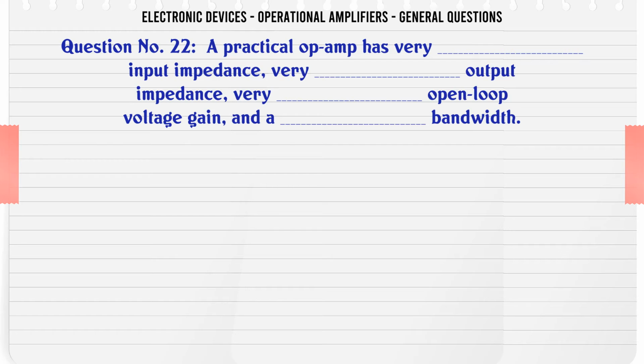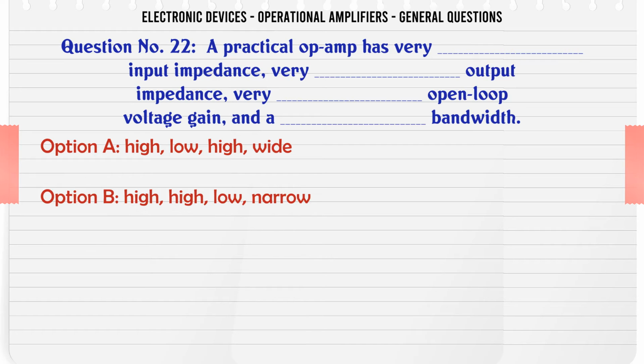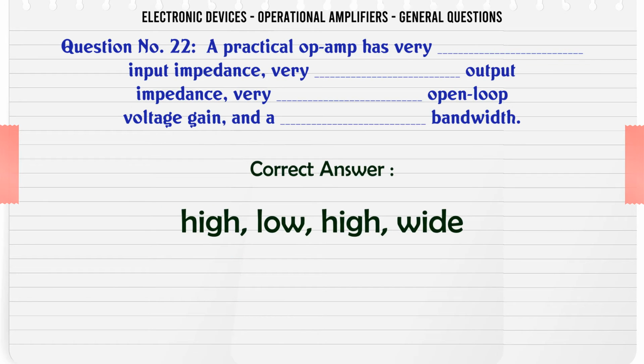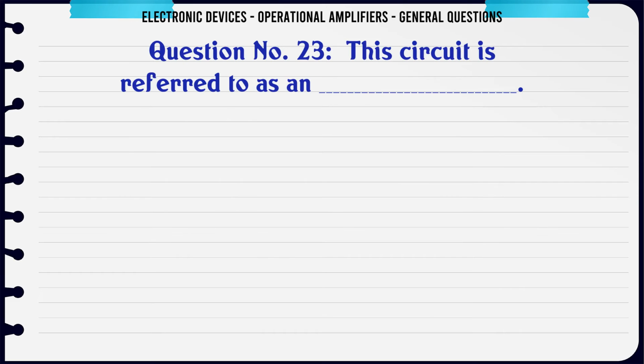A practical op-amp has very input impedance, very output impedance, very open-loop voltage gain and a bandwidth. A. High, low, high, wide. B. High, high, low, narrow. C. Low, high, high, wide. D. Low, low, low, wide. The correct answer is high, low, high, wide. This circuit is referred to as: A. Inverting amplifier.